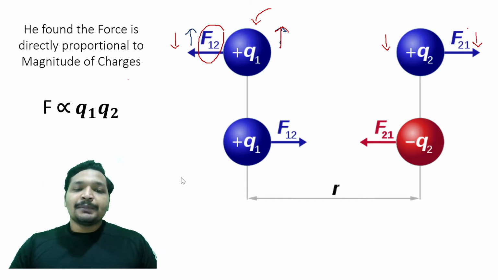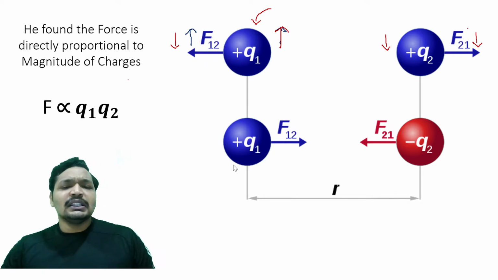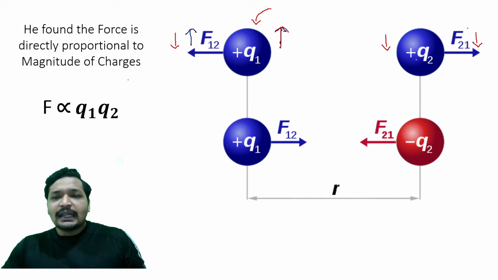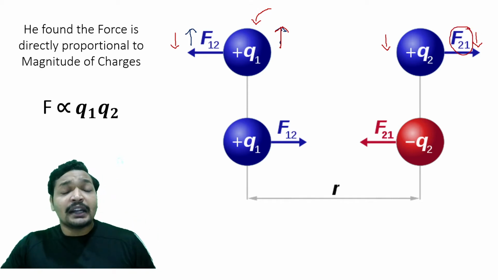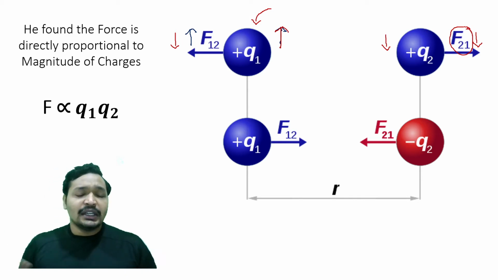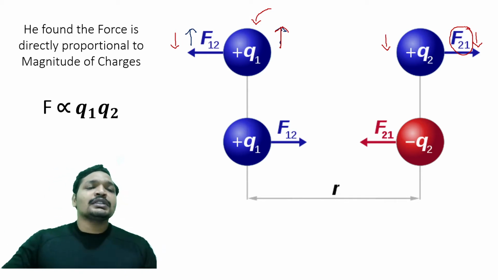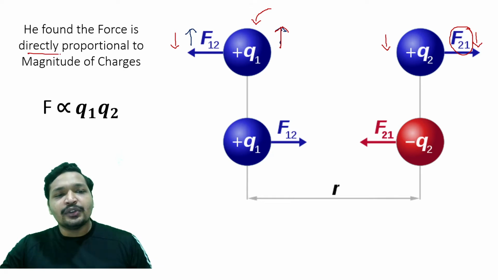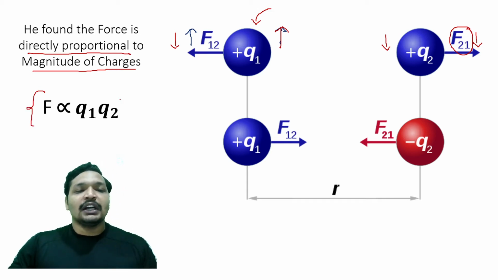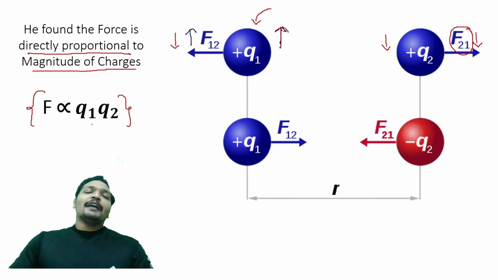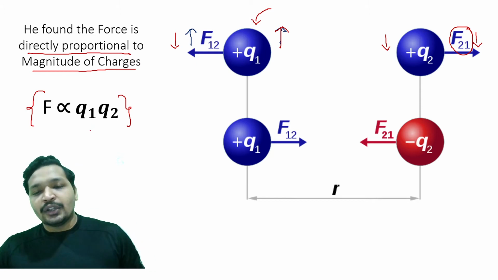And when he reduced the charge on one of the spheres, the electrostatic force was reducing. So he found that the force is directly proportional to the magnitude of charges. In fact, the force is directly proportional to the product of the magnitude of charges. So F is proportional to Q1 and Q2.